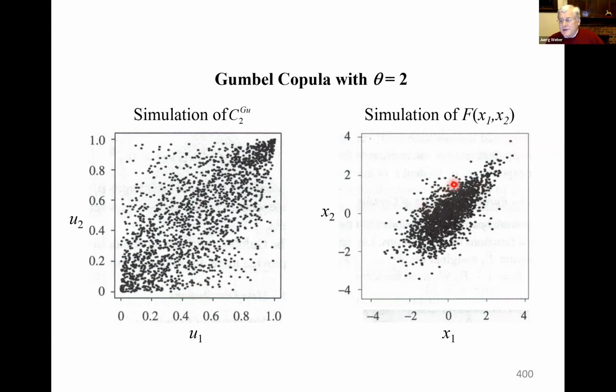We have this peak here. It's not a particularly extreme example, it can be more extreme, but down here we obviously have no peak. So with this copula, the distribution of the original X1, X2 has upper tail dependence. It's not the Gaussian distribution.